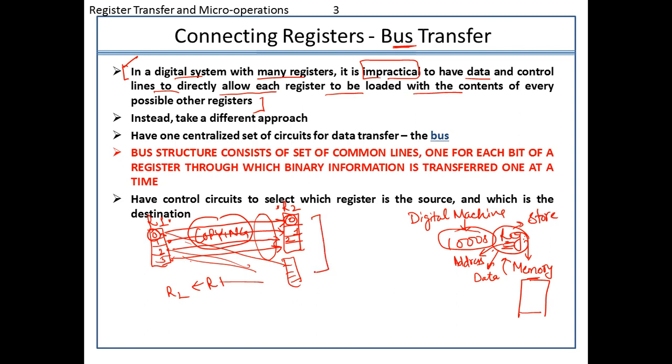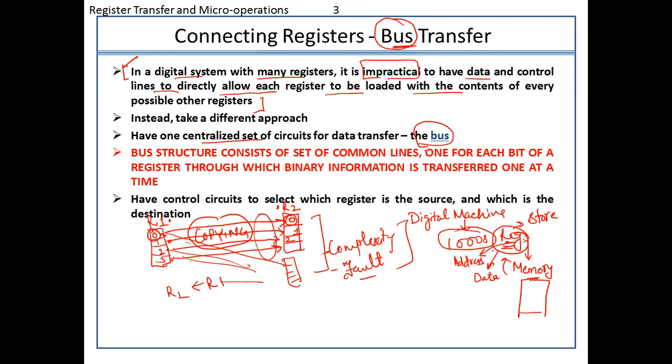It will ultimately lead to complexity, and it would also be very difficult to determine a fault if it arises within the hardware. For these two reasons, we rely on a new centralized architecture, which we call a bus system.